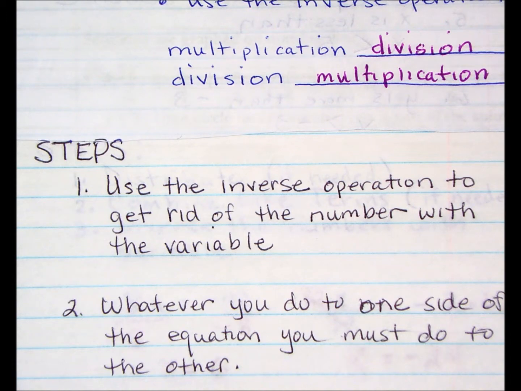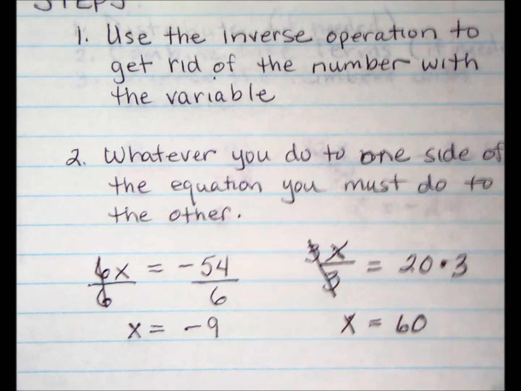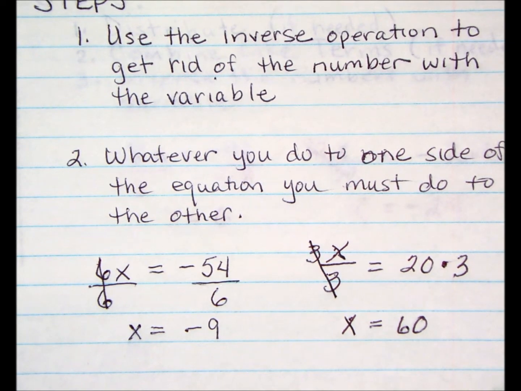So let's look at these two problems that I have here. It was 6x is equal to negative 54, and that was the original problem. Since 6 was with the variable, I divided both sides of the equation by 6, and I got x is equal to negative 9.